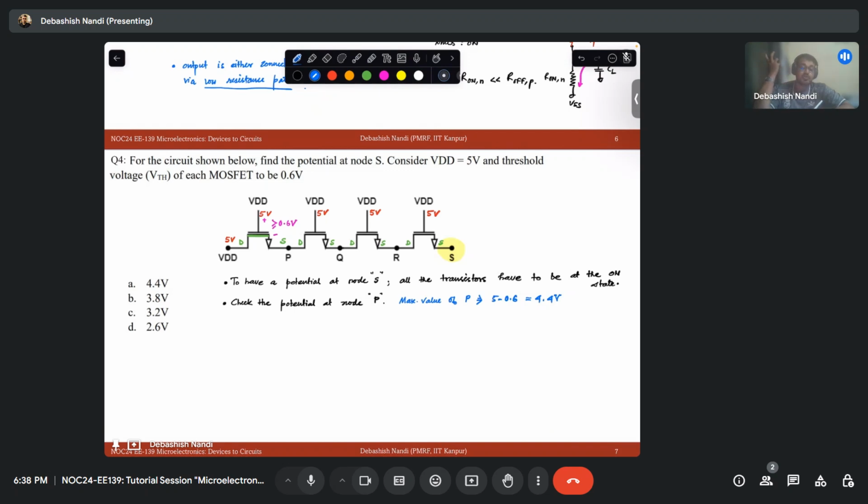But then what will be the issue? Suppose it is less than that. Let's say my P node value is somewhat 2 volt. Suppose my Q node has some value greater than 2, let's say 3 volt.